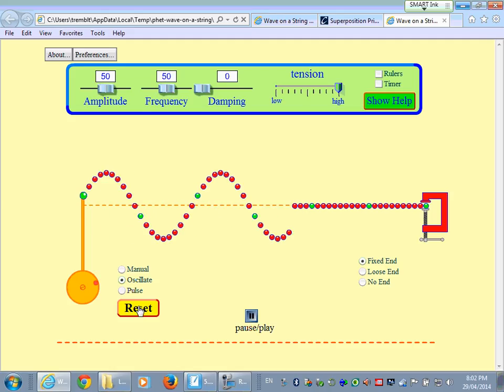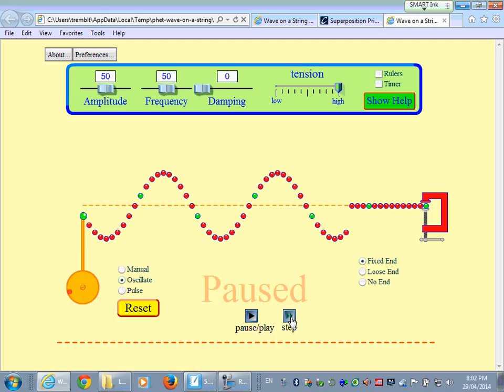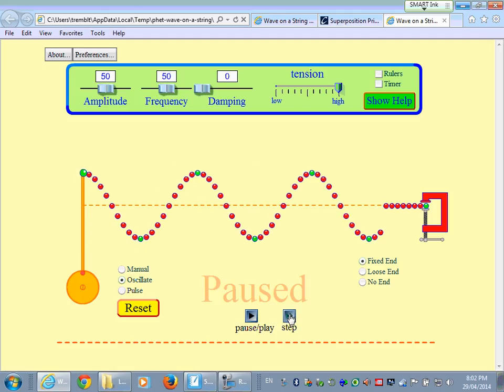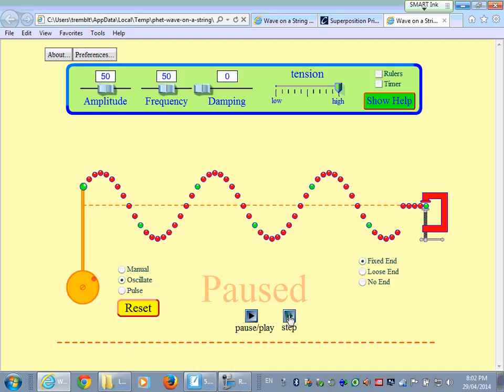Reset this. Pause. And we'll go forward step by step. Now there was another applet that I had that was way better for showing this. It would show both the incoming and outgoing waves. This one doesn't do that, so I'm going to try to improvise the best I can.